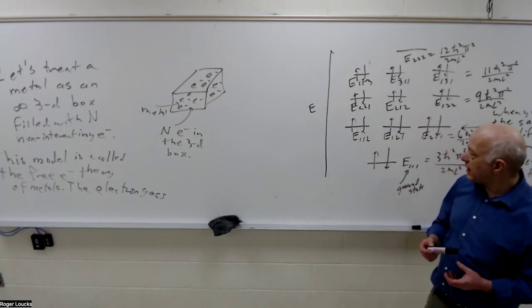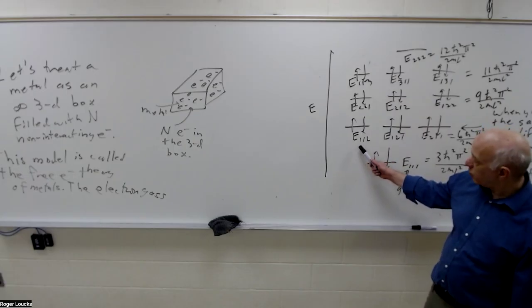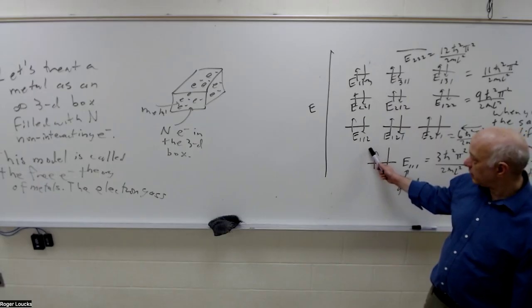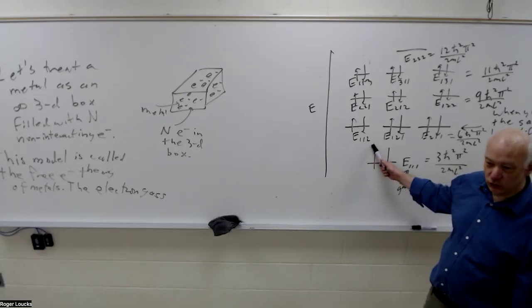Okay, if we start putting in that many electrons, do you think we're going to have numbers like 1, 1, 2? Yes, we will, but what else will we have? Very large numbers, 10 to the 17, 10 to the 18, 2 times 10 to the 14, things like that.